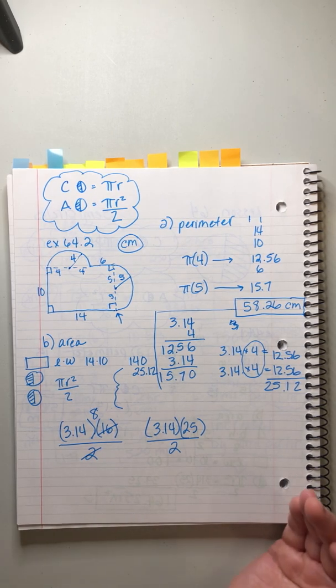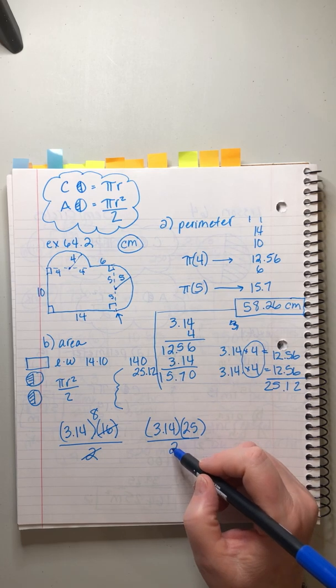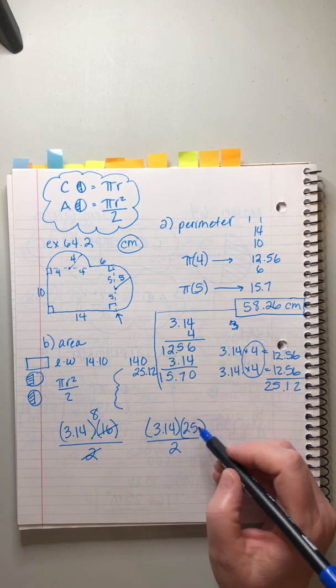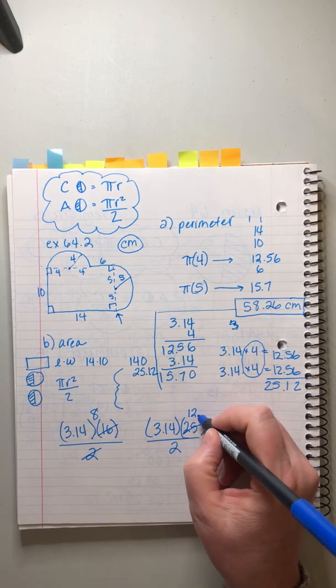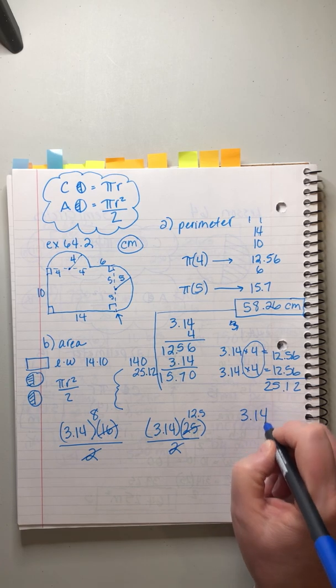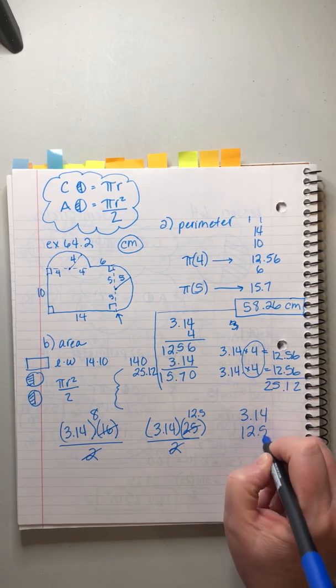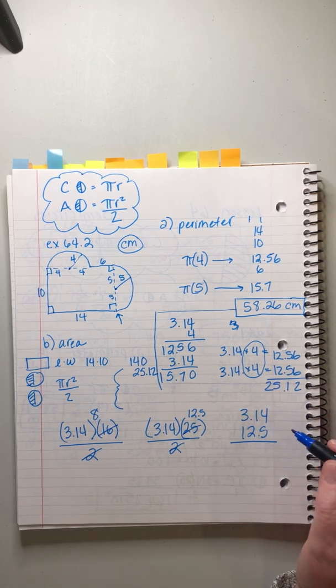I don't want to do it in 2 steps, you guys. I want to cancel this so that I don't have to do multiplying and then dividing. So I'm going to divide 25 by 2. That's 12.5. Then I'll just multiply 3.14 times 12.5. The decimals I'll sort out in the end. These are all simple numbers, so I'm okay with that.